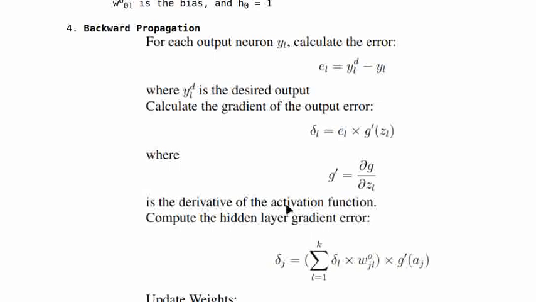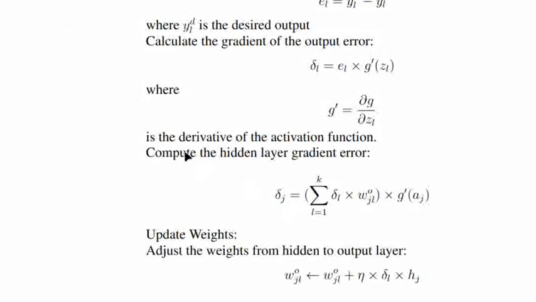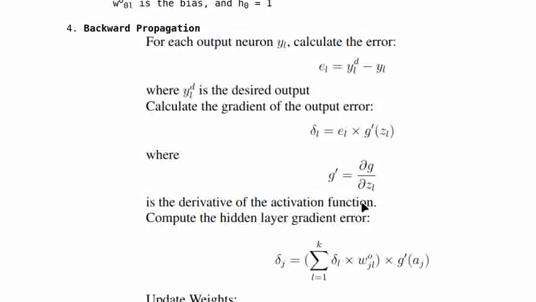And then we compute the hidden layer gradient error using this formula. Delta j equals sum from l equals 1 to k of delta l times wjl o times g dash aj. So we have delta l, delta j.